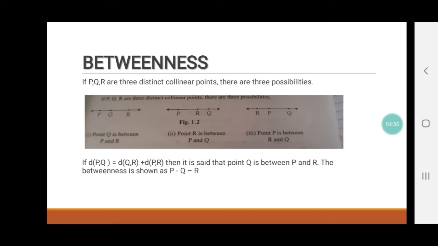Figure 1 in which Q lies between P and R, figure 2 in which R lies between P and Q, and figure 3 in which P lies between R and Q. If distance of PQ is equal to distance of QR plus distance of PR, then it is said that point Q is between P and R. The betweenness is shown as P-Q-R and it is read as Q lies between P and R.